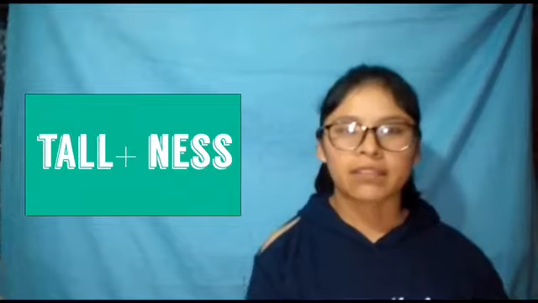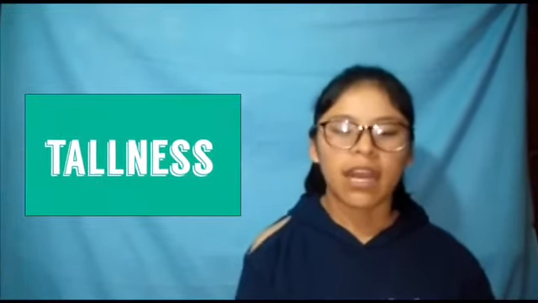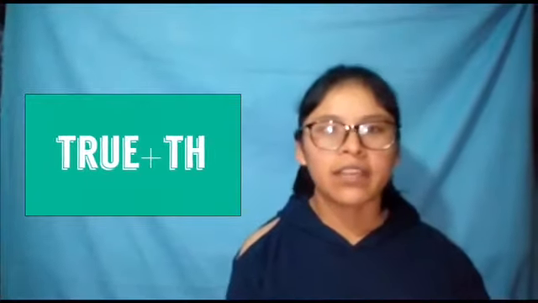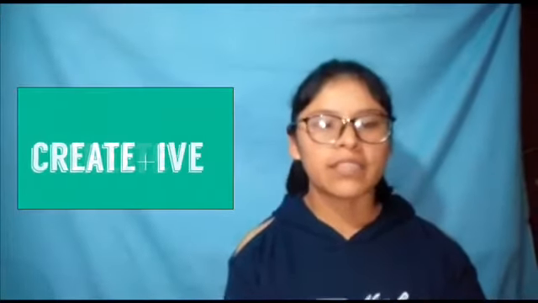Here we have some more examples of class changing derivational affixes, from adjective to noun: tall plus ness, tallness; abstract plus ion, abstraction; true plus th, truth. And from verb to adjective: read plus able, readable; create plus ive, creative.